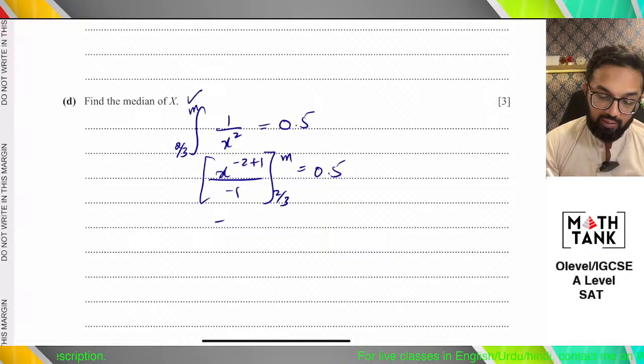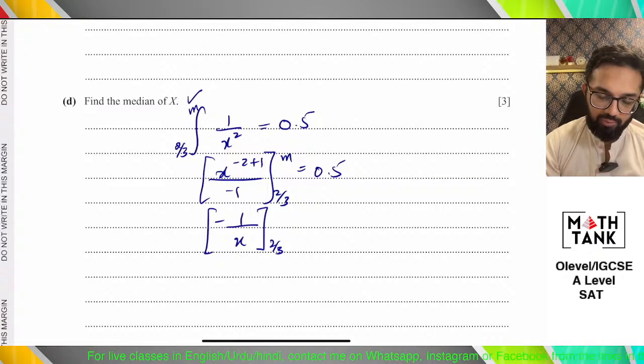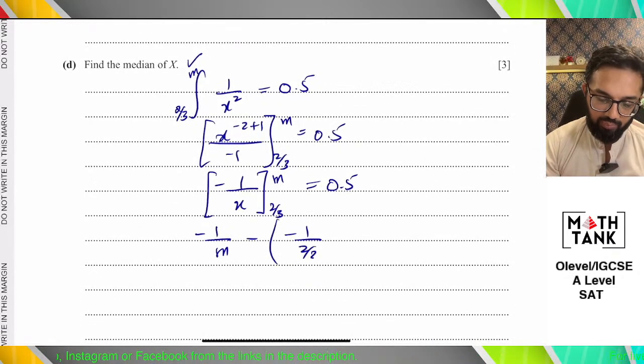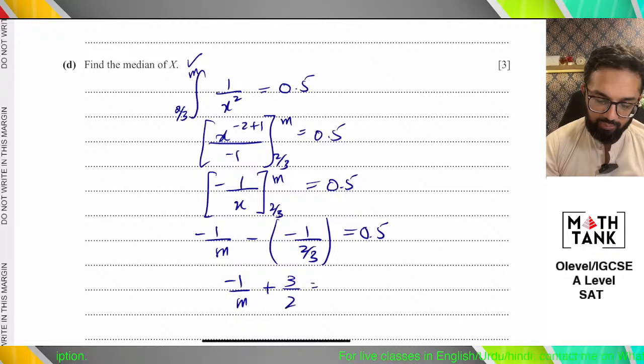Maybe it would have been easier with m and the other limit because it's a whole number. Okay, so minus 1 over m minus minus 1 over 2 over 3, equals 0.5. Minus 1 over m plus 3 over 2 equals 0.5.